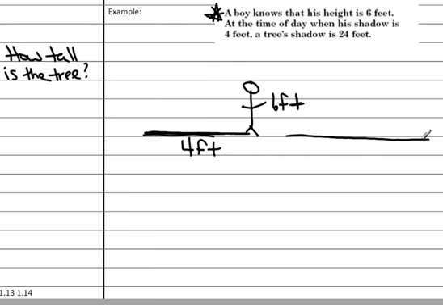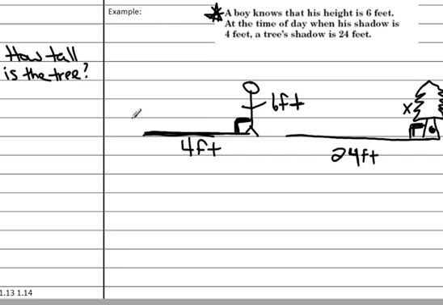So let's go ahead and draw a tree. Here's my wonderful tree again. Don't be jealous of my awesome art skills. So the tree, we don't know how tall the tree is. So if we're trying to figure out the height of the tree, and both the human, here's a right angle, and the tree, here's a right angle, are going to be perpendicular to the ground.